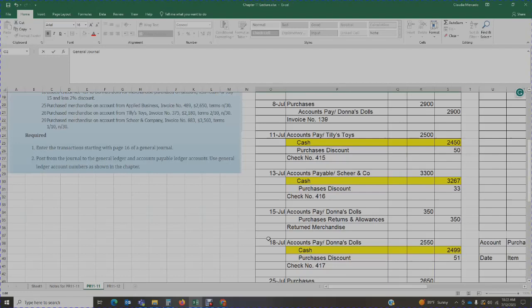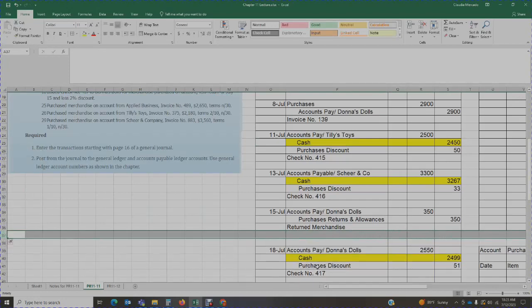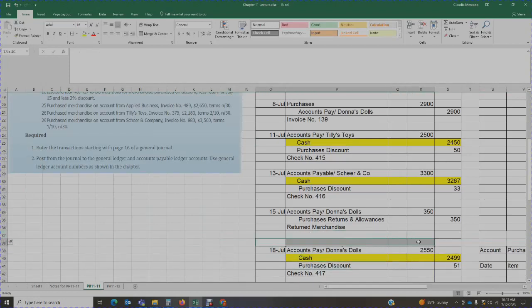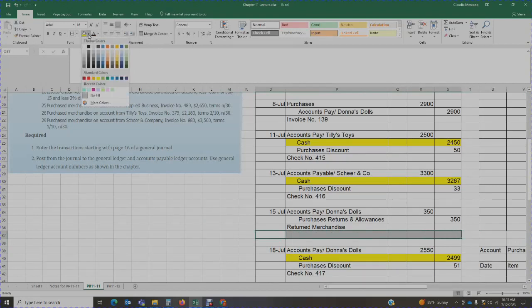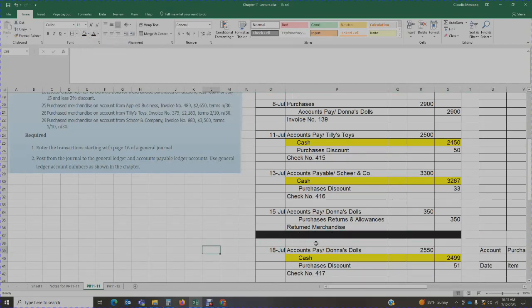From the 1st through the 15th, here I'm going to do a page break. You don't have to worry about this on Cengage, because Cengage will actually give you the page break information. So from here down, it's going to be page 17.